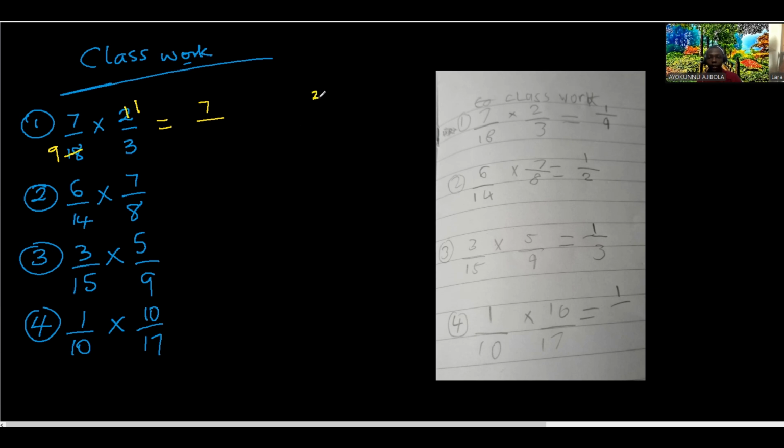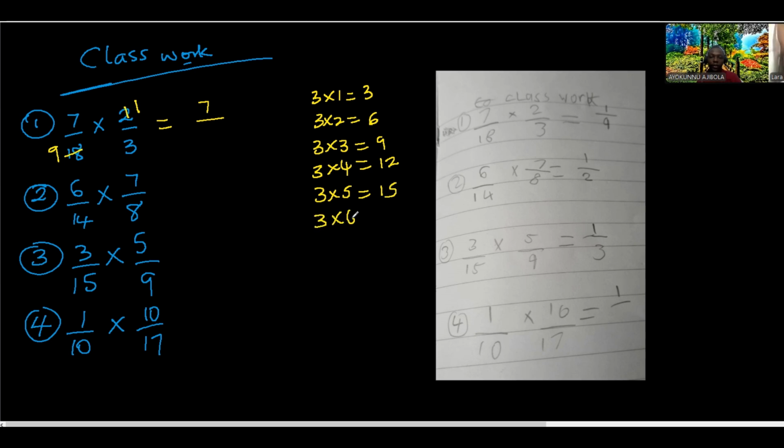Read your 3 times table. 3 times 1 equals, 3 times 2 equals, 3 times 3 equals, 3 times 4 equals what? 3 times 5 is what? 12. 3 times 6 is what? 16.